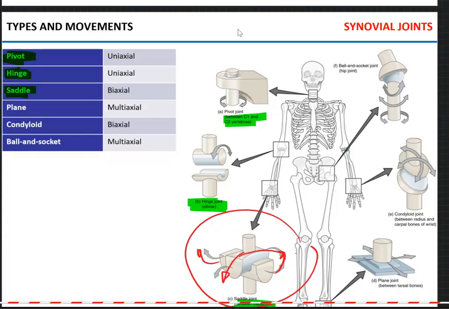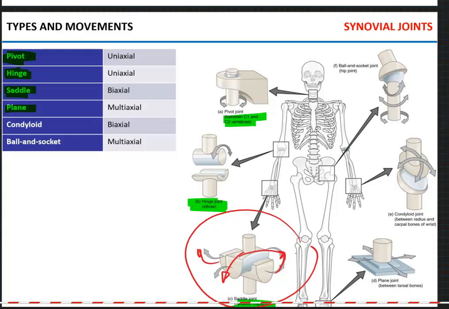Plane joint, begrudgingly multi-axial. I prefer to say that a plane joint doesn't really have the axis of movement because it's a gliding movement. I'm going to give an example. The temporomandibular joint, there are actually two of them, but there is a gliding joint there. Look at my jaw.